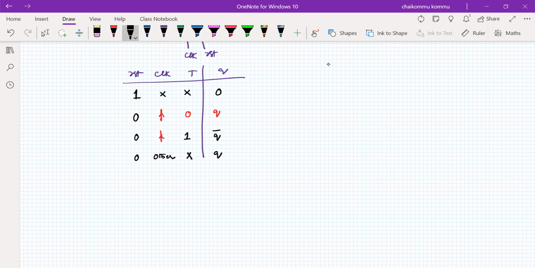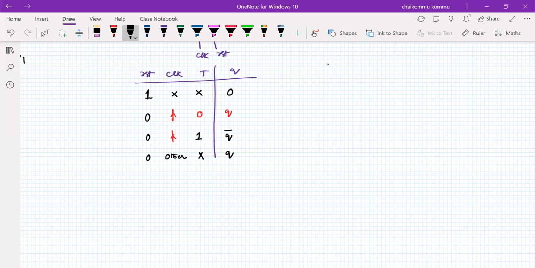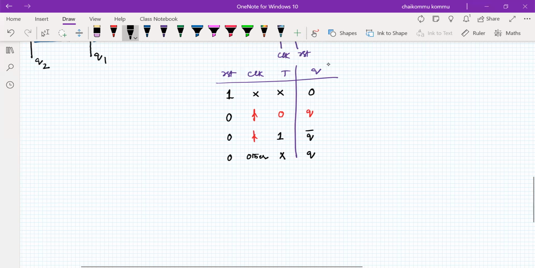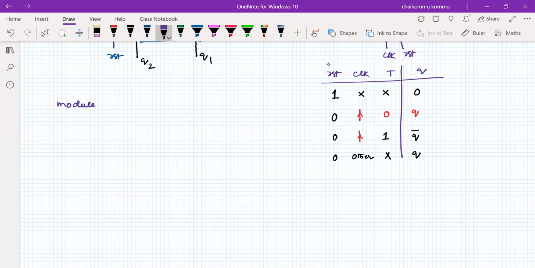So accordingly, we have to write the module program. Let us write a module here. Module T flip-flop. What are the things that we have? RST, clock signal, T signal, Q signal.